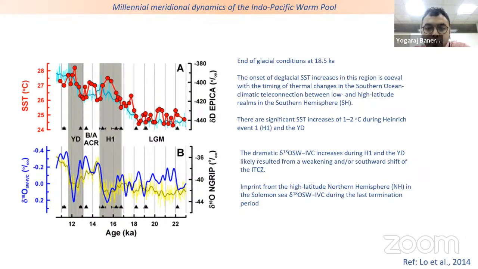Also, the comparison of the δ18O of the seawater with the δ18O of the NGRIP record shows that they go pretty well hand in hand with each other, and it also indicates an imprint of the high latitude Southern Hemisphere in the Solomon Sea δ18O of seawater record during the last termination period.